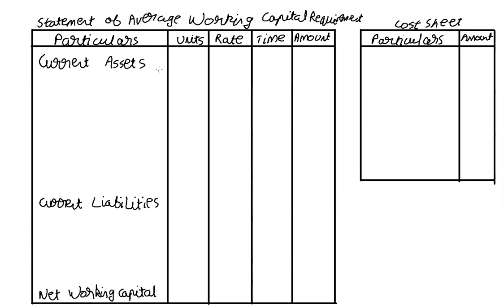The usual suspects under current assets are stock of raw material, work in progress, and finished goods.